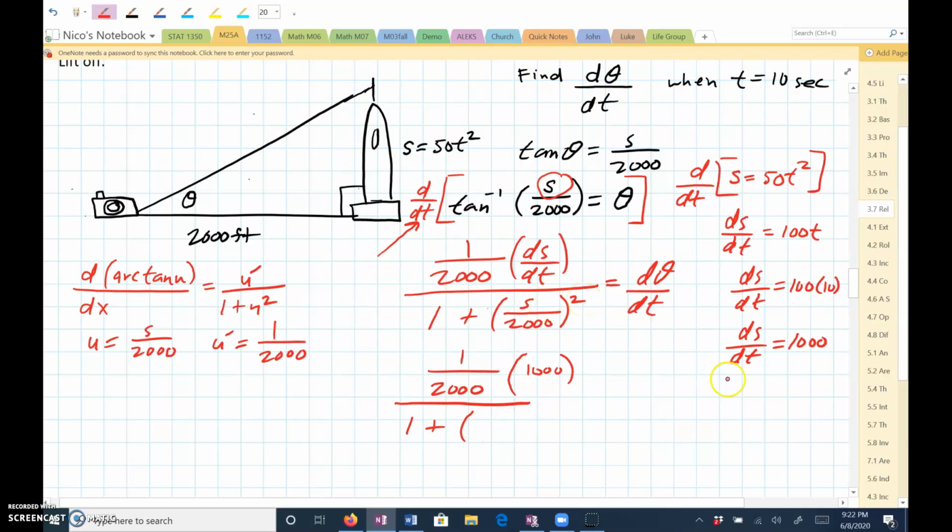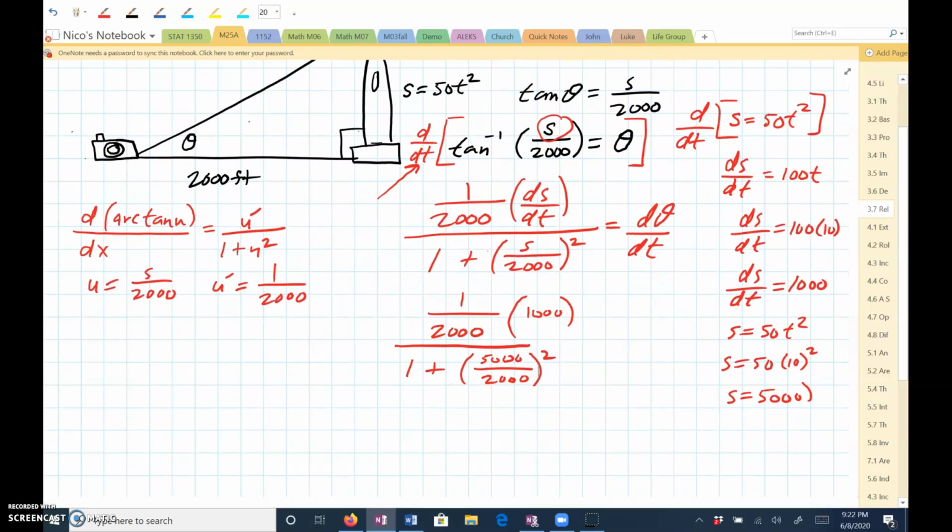I can use s equals 50t squared, where t is 10. 10 squared is 100, times 50, that's going to be 5,000. So now I can do 5,000 over 2,000, squared. And this is equal to d theta dt.